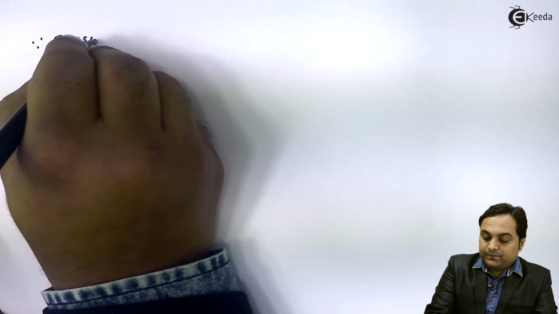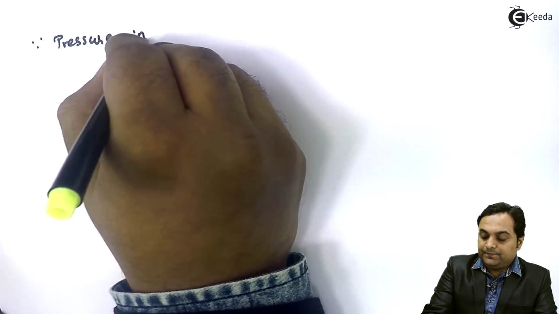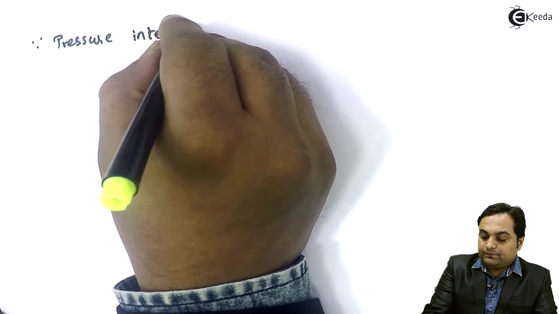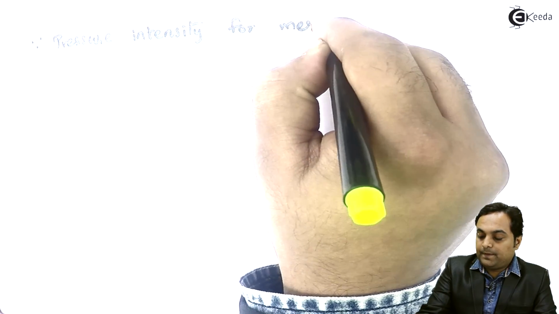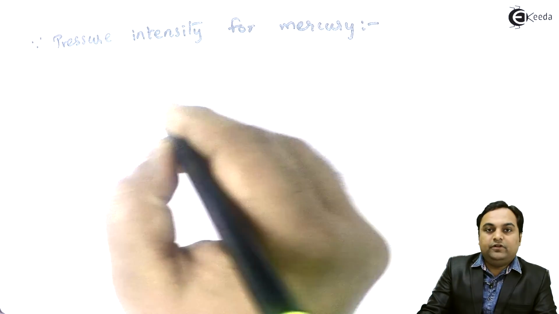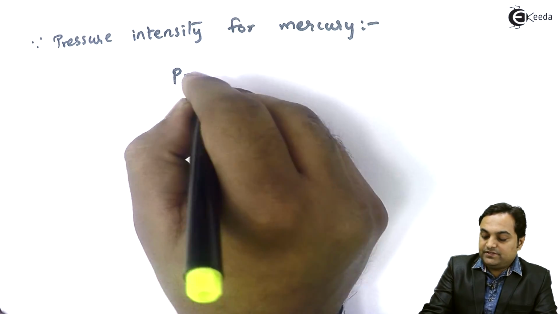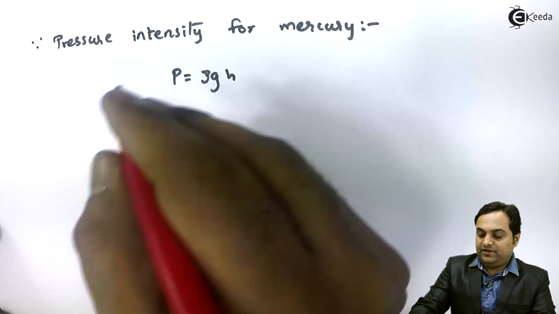So again I'll calculate pressure intensity for mercury. So since pressure intensity for mercury will be given by the formula, again P is equal to rho g into H. This formula has come from hydrostatic law.